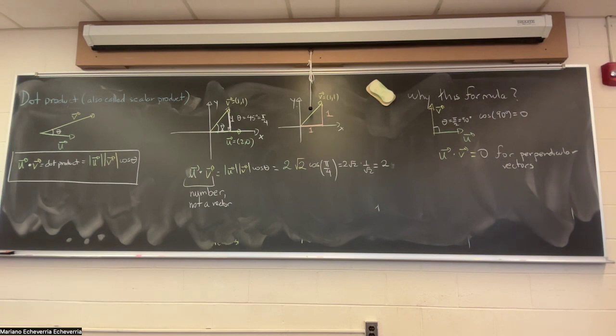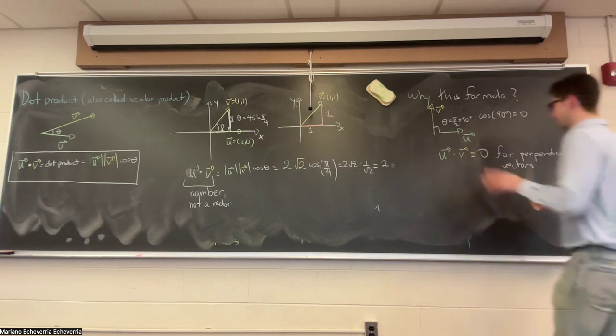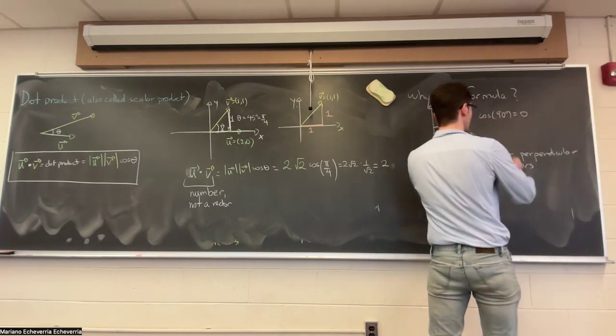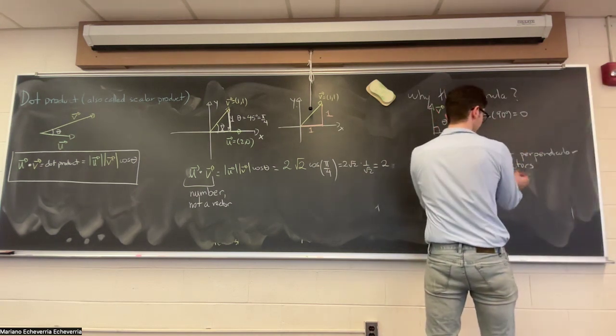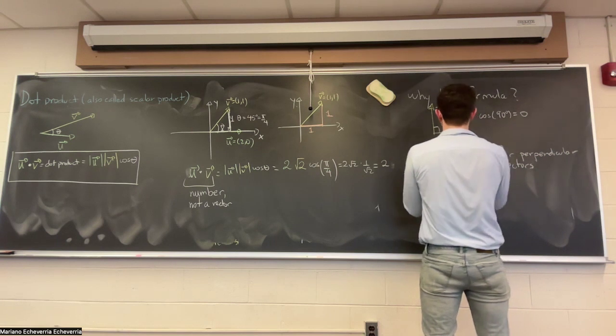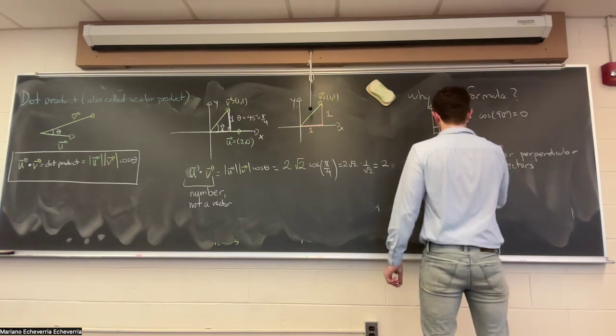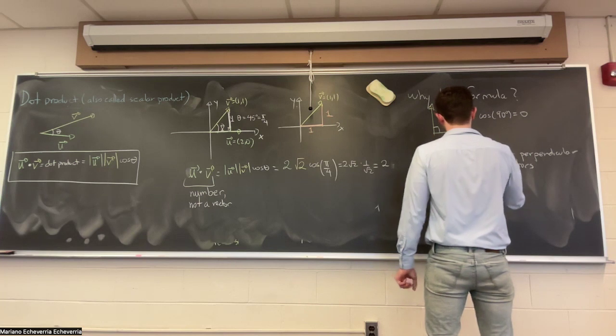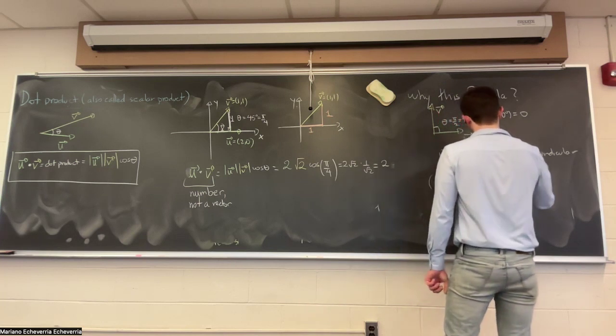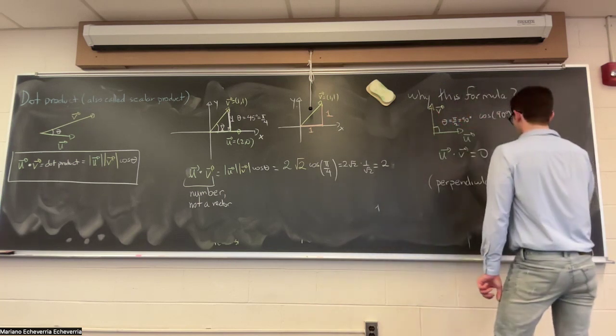Perpendicular vectors are also called orthogonal vectors. So I'll try to put both phrases side by side. I'll write perpendicular in parentheses orthogonal. So perpendicular is also called orthogonal.